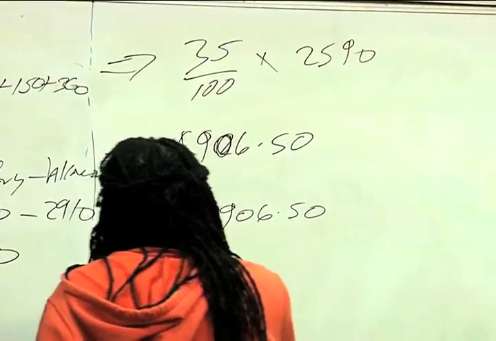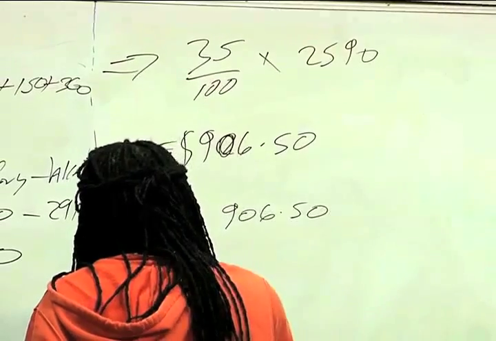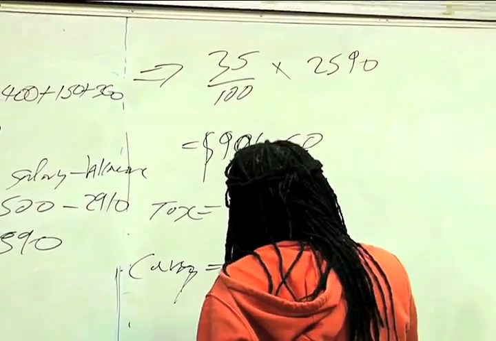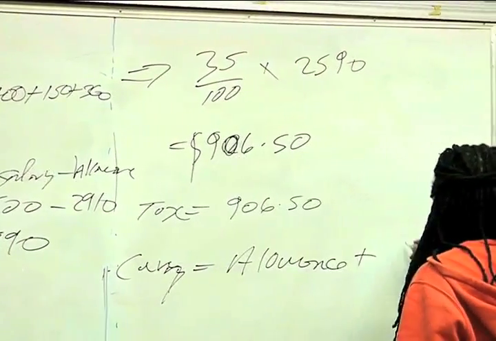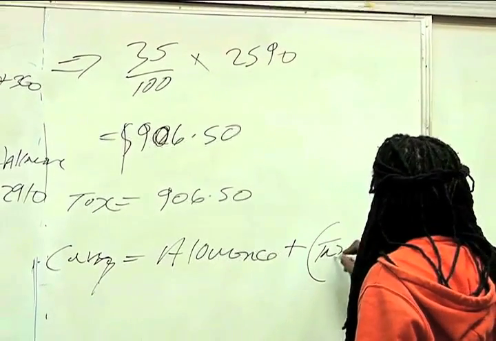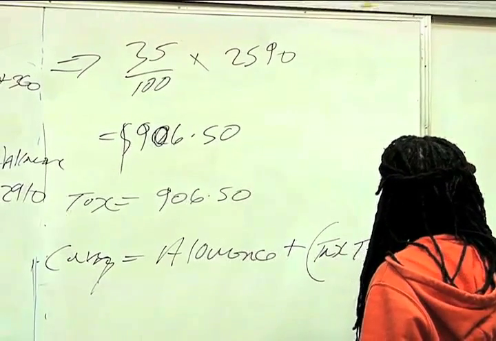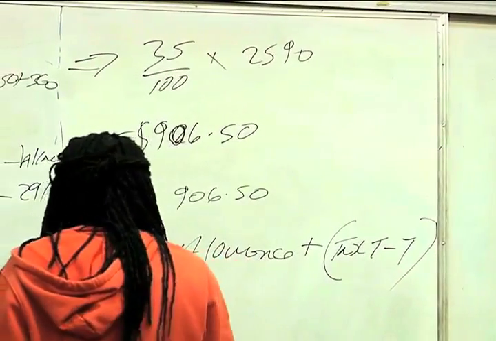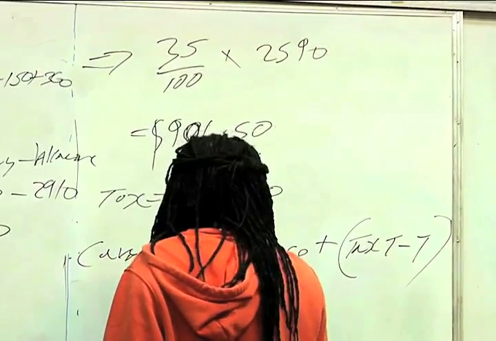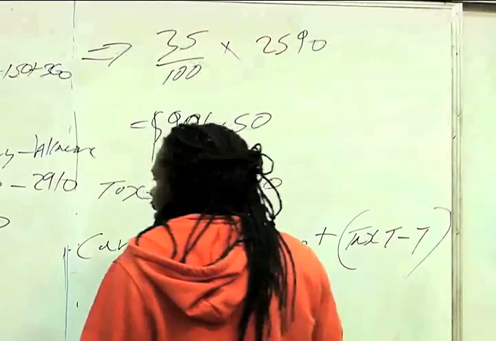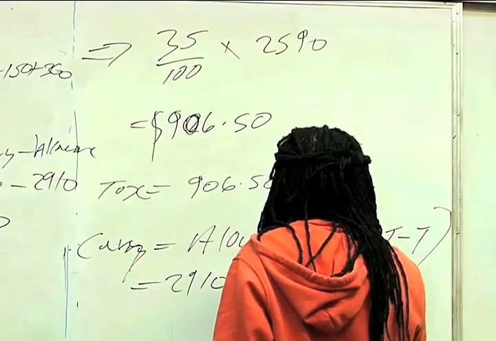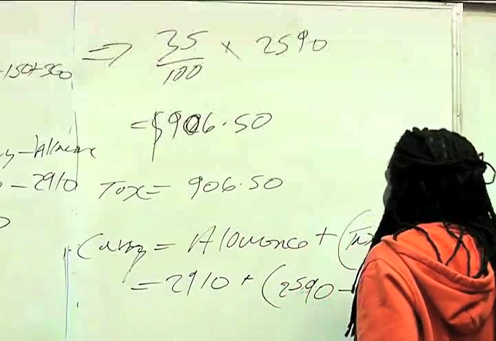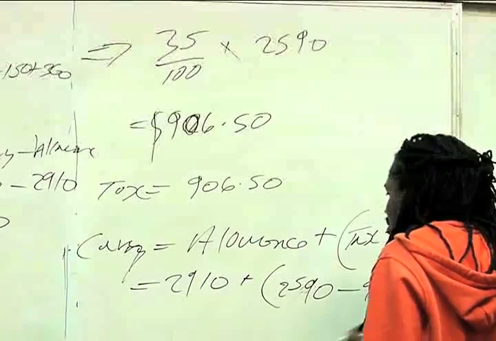Now what's the amount that he carries home? Minus that from the 5,500. Carry home equals allowance plus taxable income minus tax. See that? What's his allowance? 2,910 plus taxable income 2,590 minus the tax 906.50.